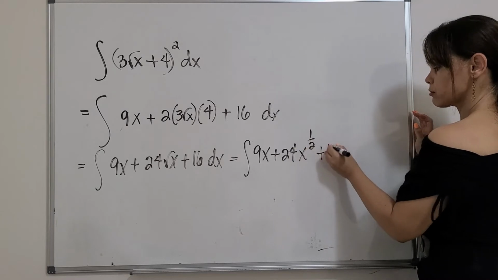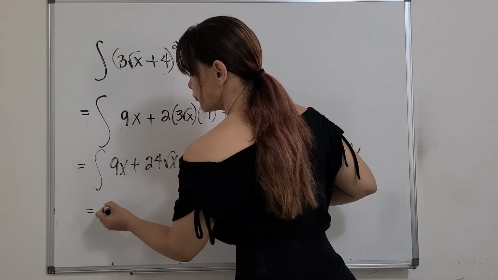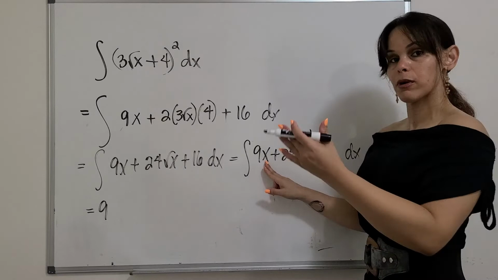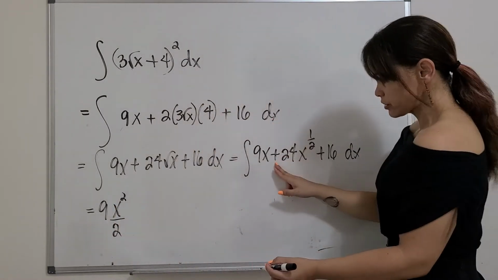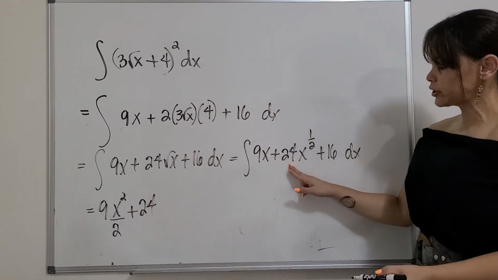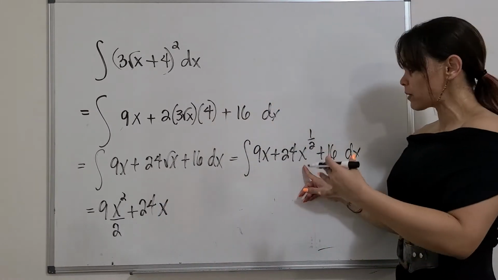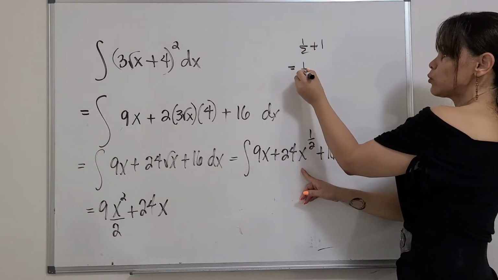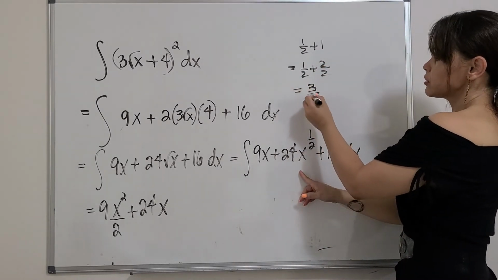Okay, so after I do this, I just start working individually, integrating each term. Okay, so let's go. For the first term, I have the coefficient and the antiderivative of x, adding 1, which is going to be x to the power 2 over 2, plus, see, I have a plus here, 24, which is a coefficient here, and the same deal here. I'm going to add 1. So I have x to the power 1/2 plus 1, which is going to be 1/2 plus 2/2, finding the common denominator, and this is going to be 3/2.